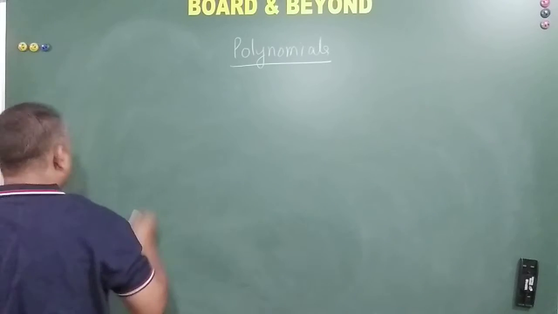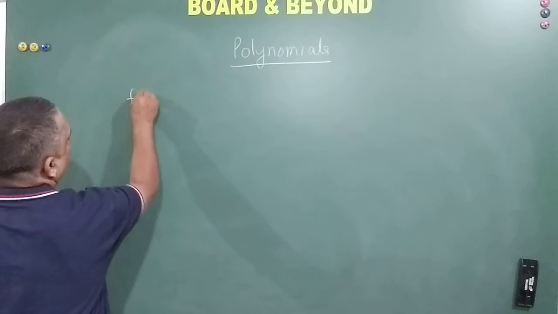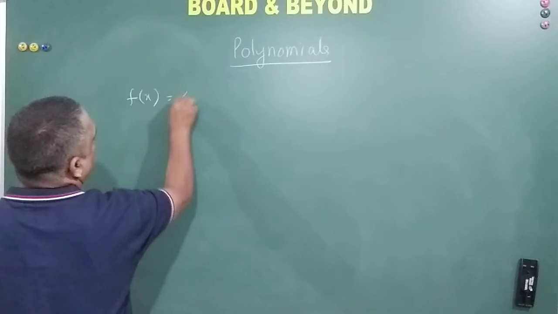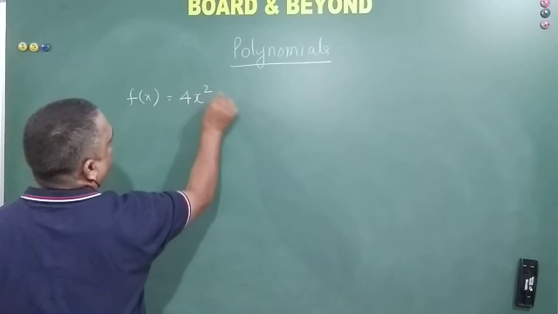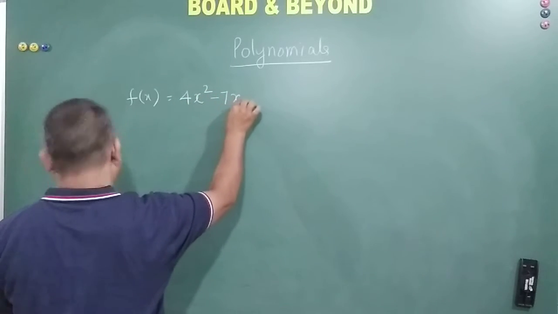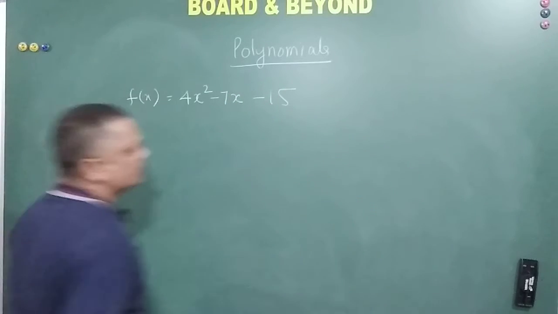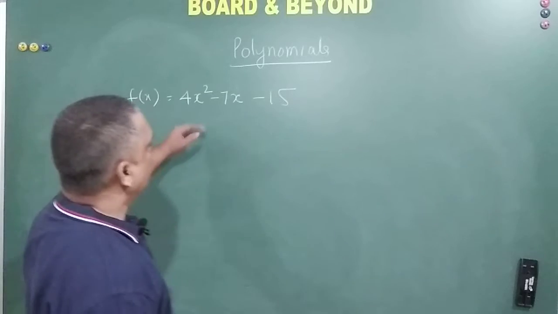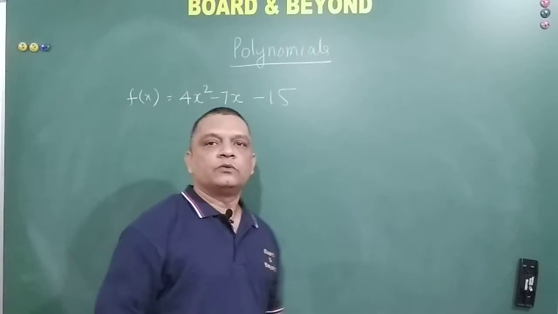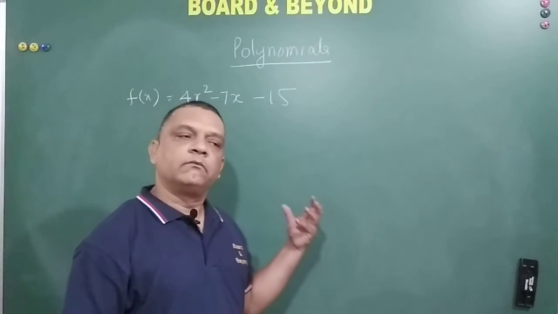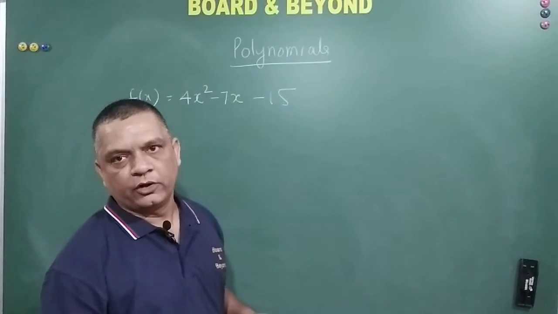Okay, so let us say f of x is equal to 4x square minus 7x minus 15. This is the quadratic polynomial that we have taken. Now we would like to find out the root of this quadratic polynomial.